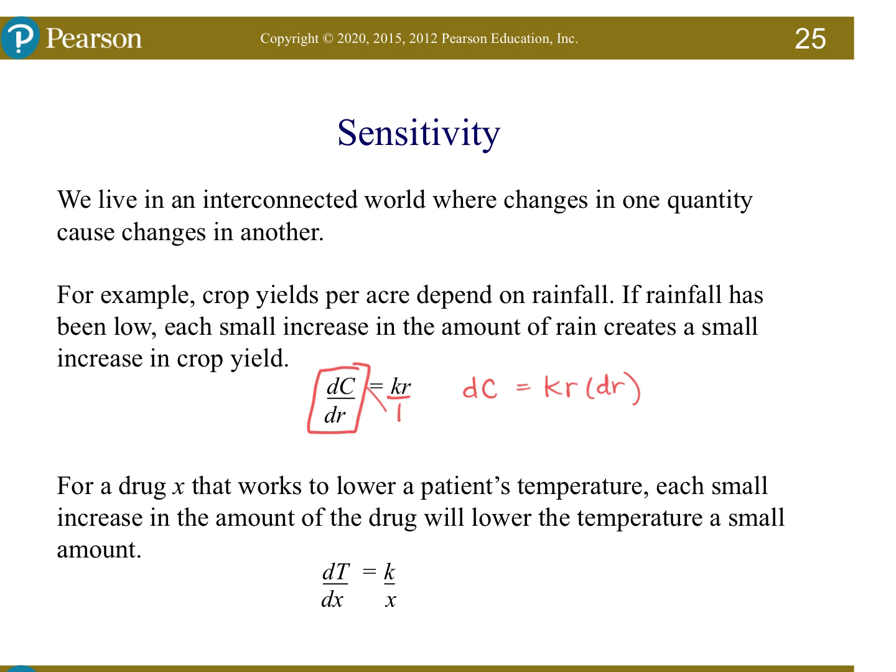You can do the same thing in medicine for a drug, where you want to lower a patient's temperature. We can say that the temperature, measured by T in this equation, depends on how much of the drug X they're prescribed, how strong the drug is, how many milligrams they take.